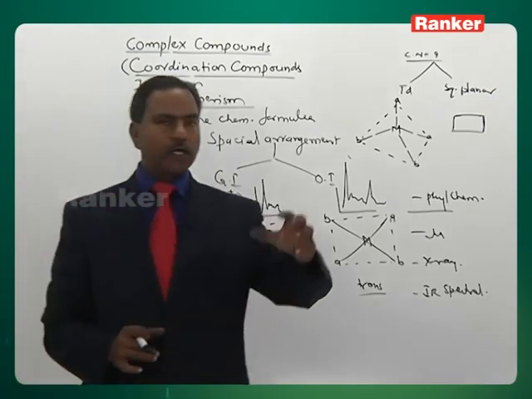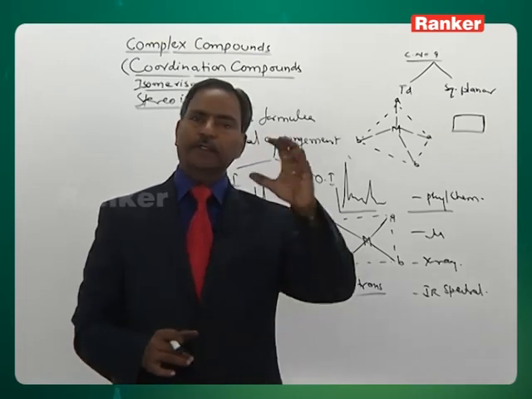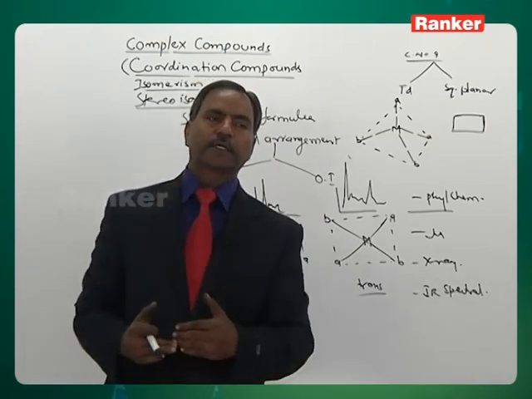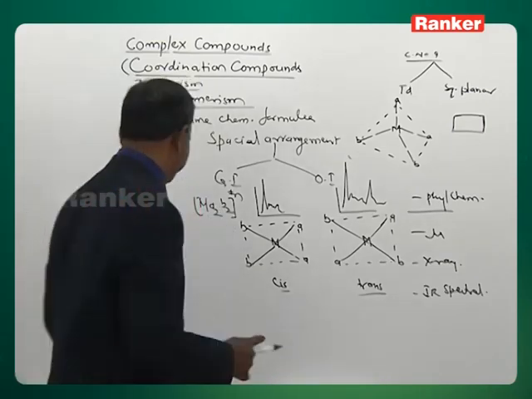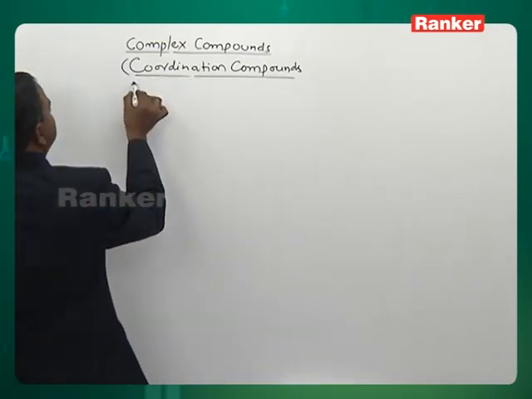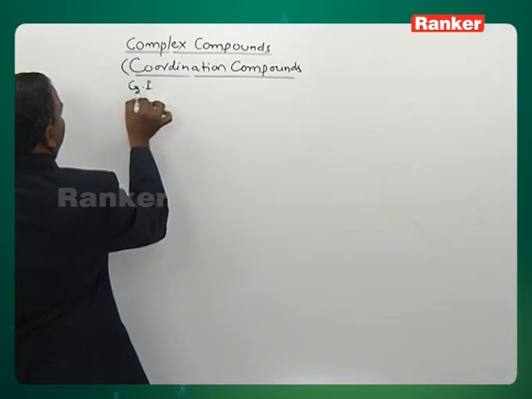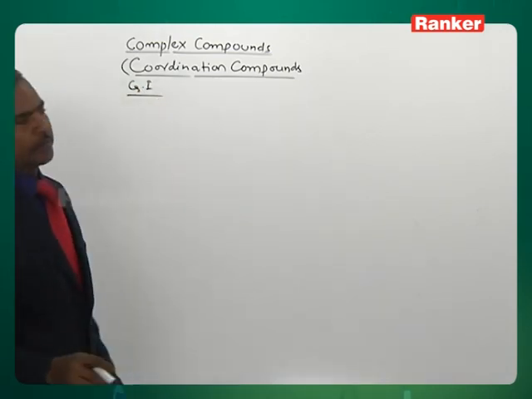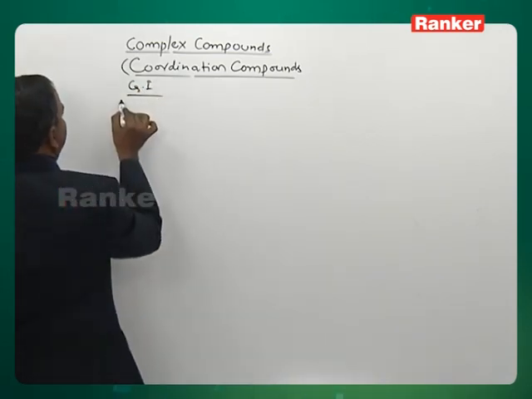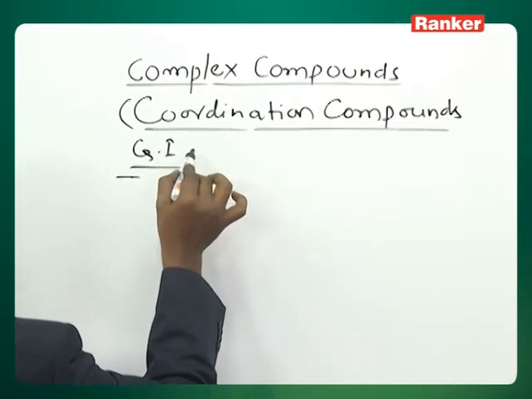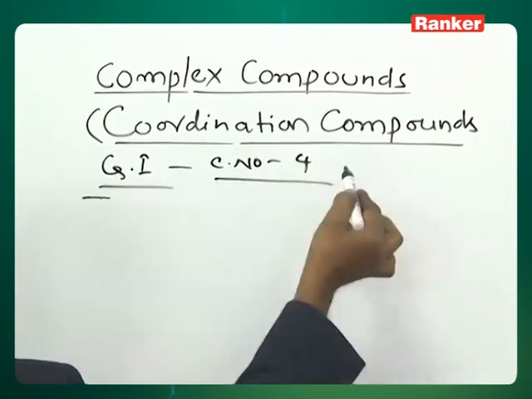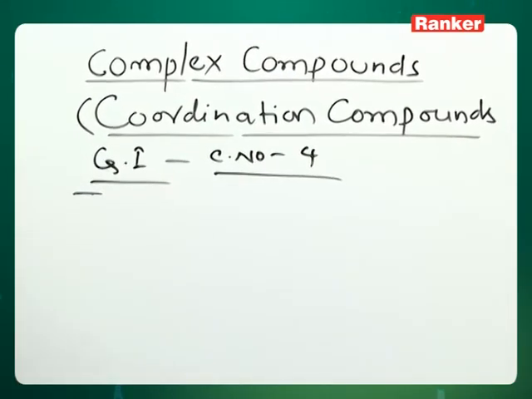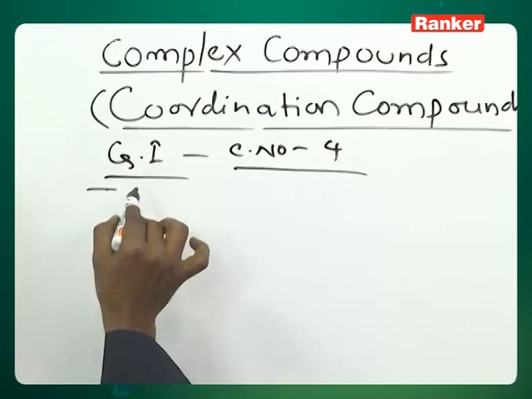Next, coordination number 4, square planar geometry, different types. We will discuss how they exhibit isomerism under geometrical isomerism.